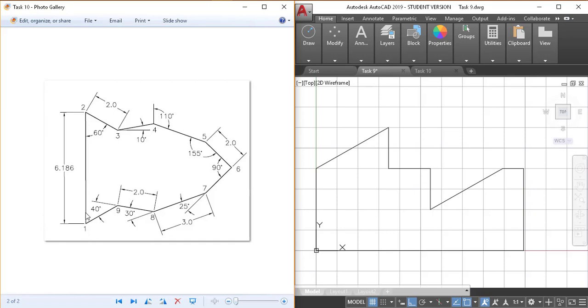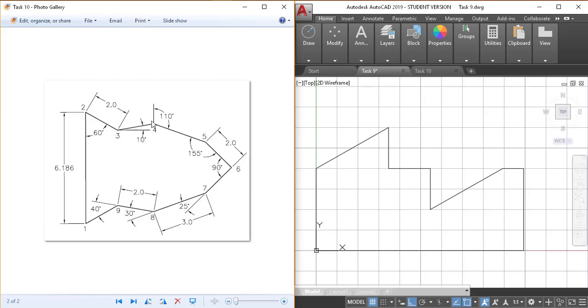It has only one orthogonal line, which is along the y-axis, or vertical line, whereas the rest of the lines are neither horizontal nor vertical. But for each line there is a length given and an angle given, but these angles are not with respect to the positive x-axis.